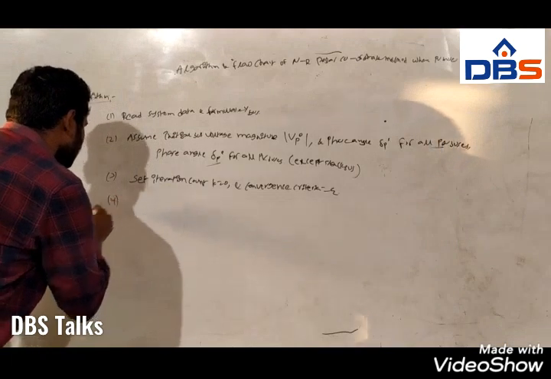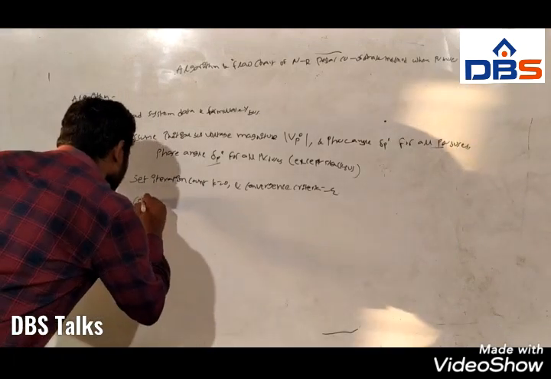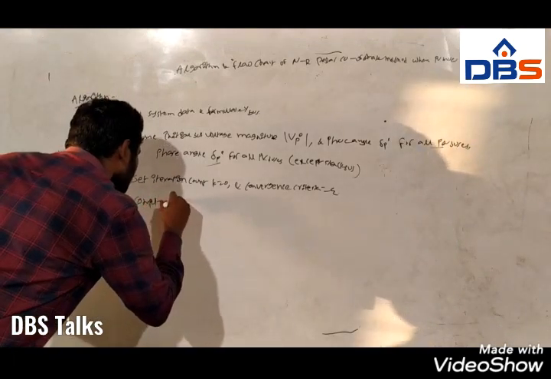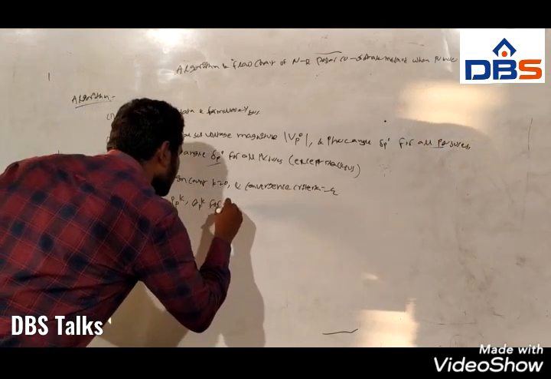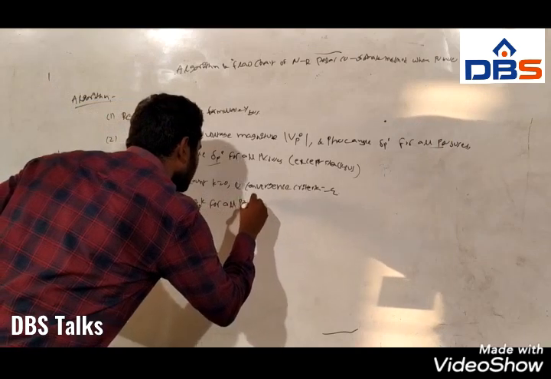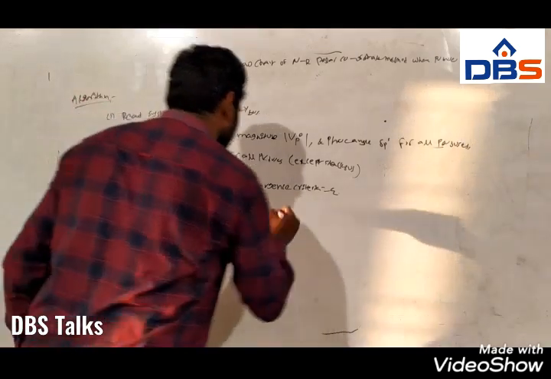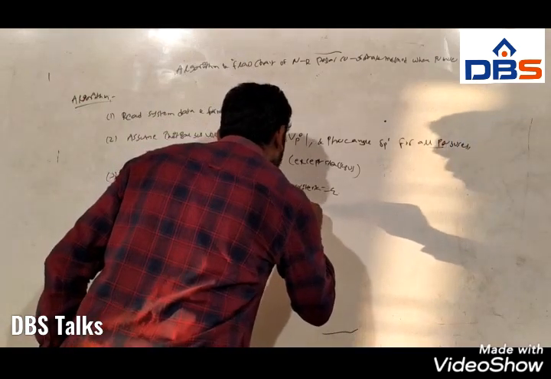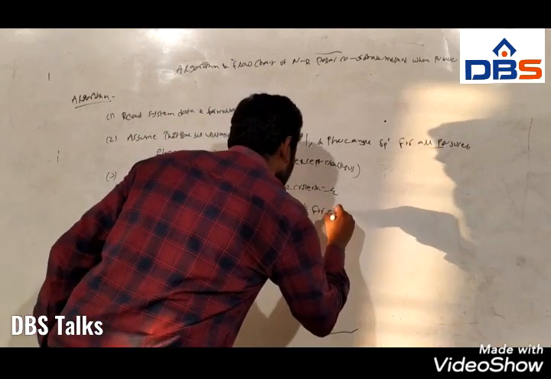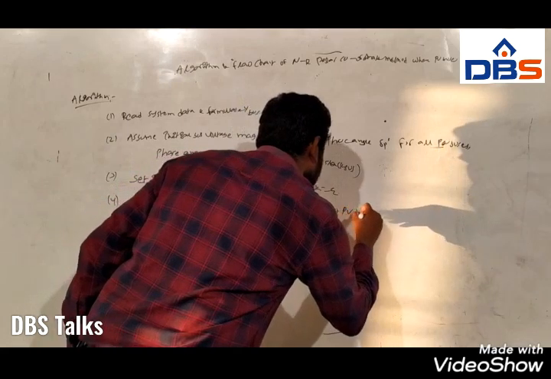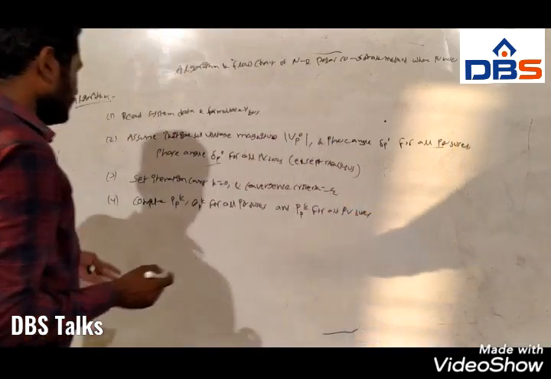Coming to the fourth step, compute Pp^k and Qp^k for all PQ buses and Pp^k for all PV buses using these equations.